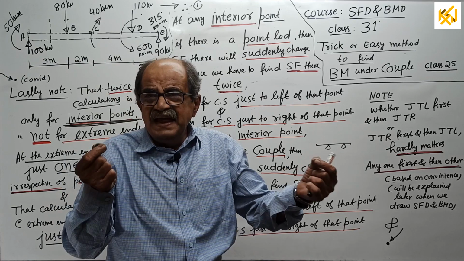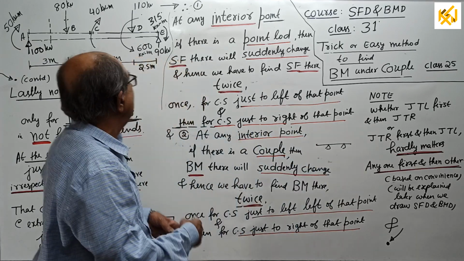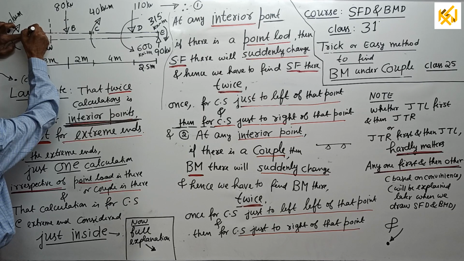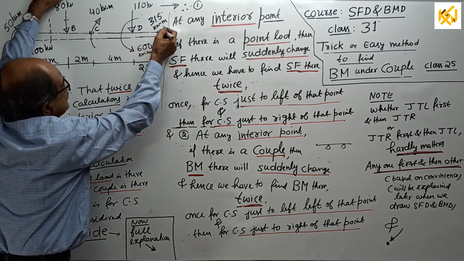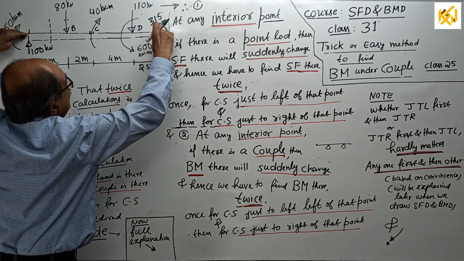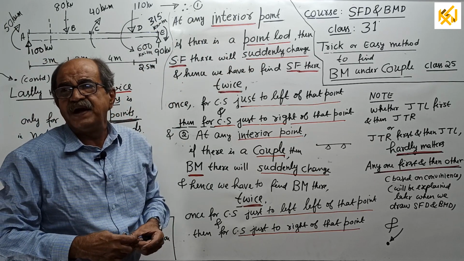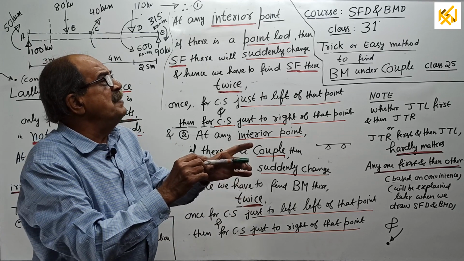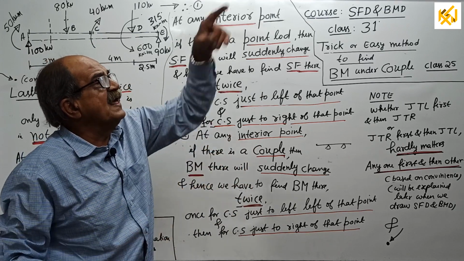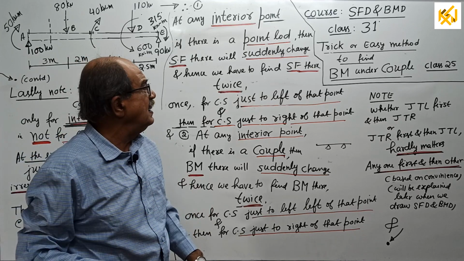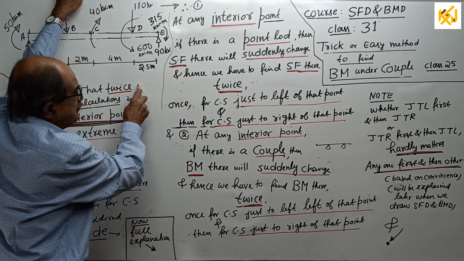Say slightly inside. If this is the extreme end, your section is slightly inside here. Slightly outside, there is no meaning for shear force and bending moment. You cannot have a beam here and find bending moment and shear force elsewhere, it should be for the beam only. So make sure of this concept also.